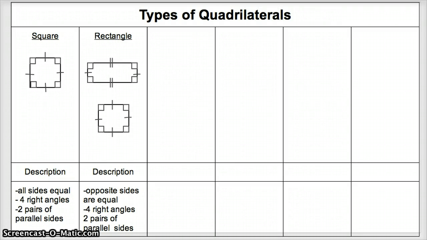The next one is a rectangle. As you can see, I've also put a picture of a square in here, which is what you should also do. A rectangle's description is opposite sides are equal. So this one, 2 lines and 2 lines, they're opposite of each other and they're equal. One line over here, opposite of each other and they're equal. 4 right angles, and again 2 pairs of parallel sides.